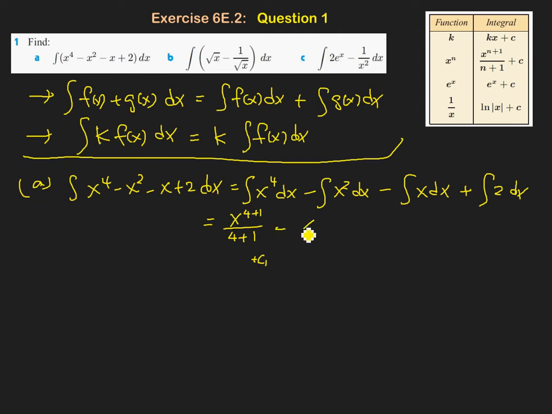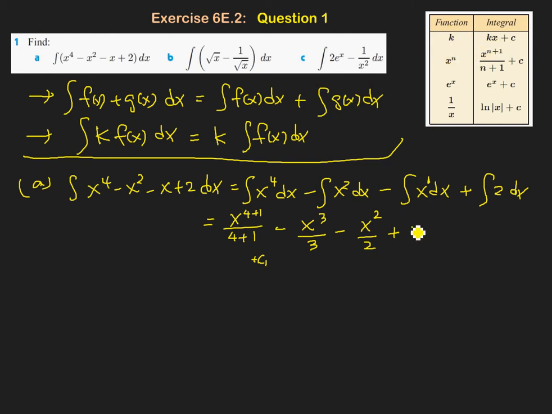Minus x squared becomes x cubed over 3, and this x is actually power 1, so you have x squared over 2. Just follow the formula.